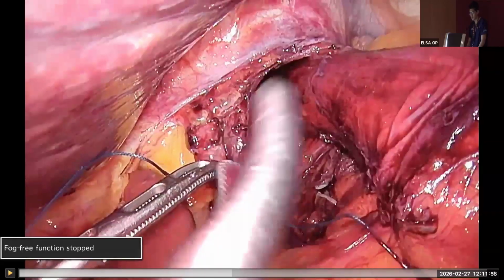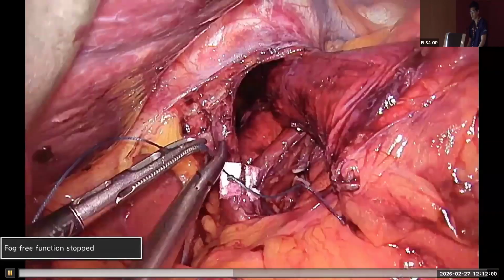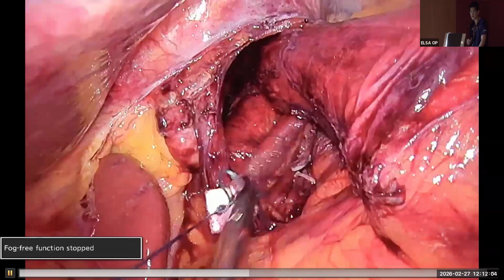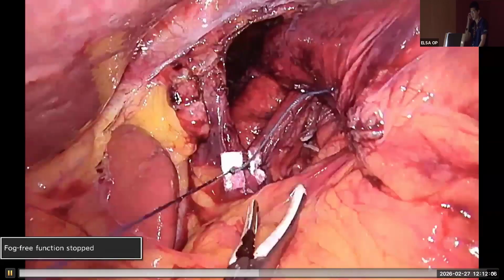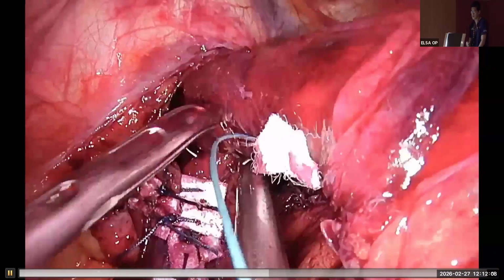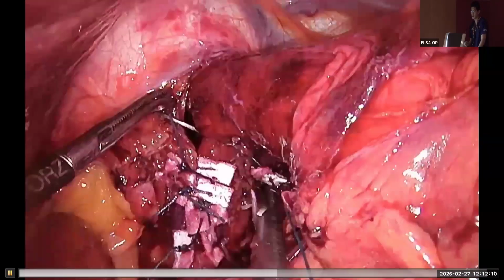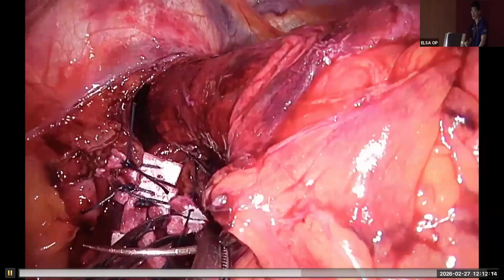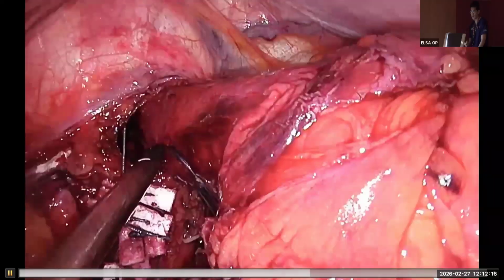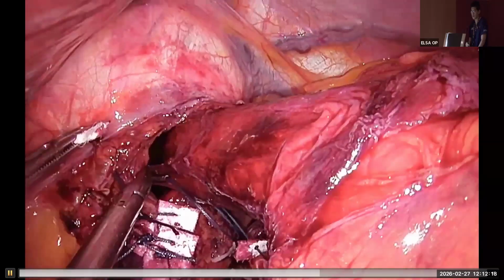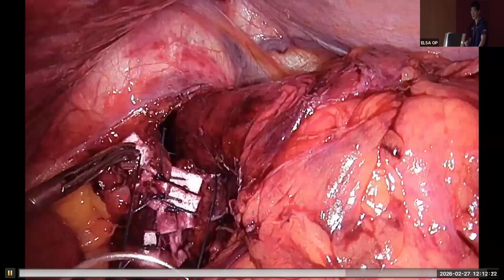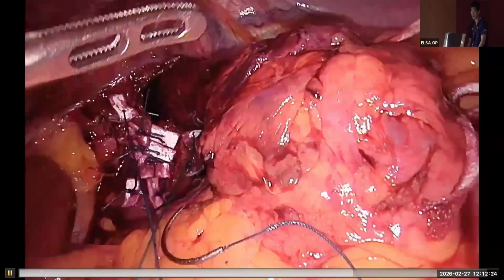So usually I will do a slip knot to try to close these high tension areas, because I find that sometimes if you put even 2 or 3 knots, the suture ends up being a loose knot. So usually I do a slip knot. But in this case, you can see that even with closing of the posterior crura, you can actually achieve quite high closure.